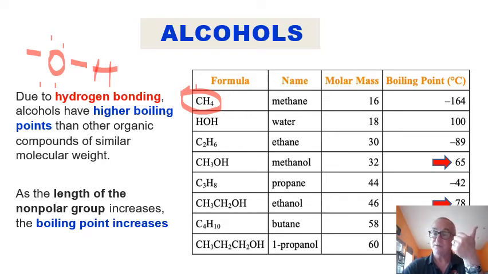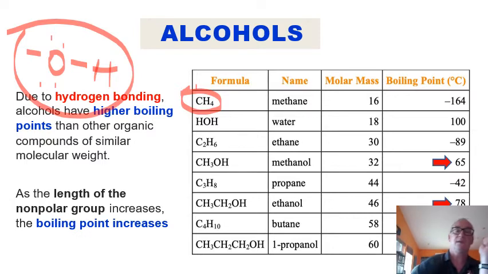All you need to do to increase that tremendously is just pop off one of those hydrogens and replace it with a hydroxyl group. And it goes from minus 164 to plus 65. That's a huge difference. And the only difference between them is that one of them can hydrogen bond and the other one can't. They're practically the same size.